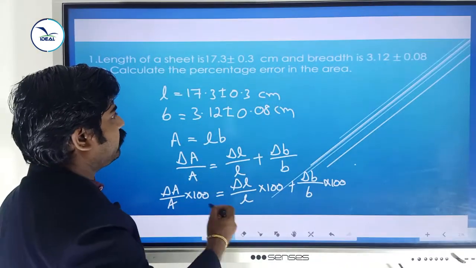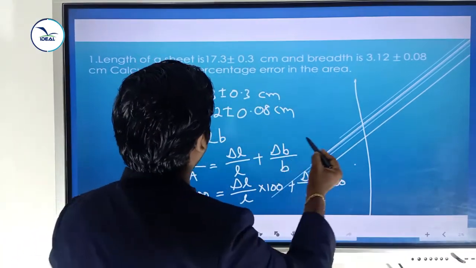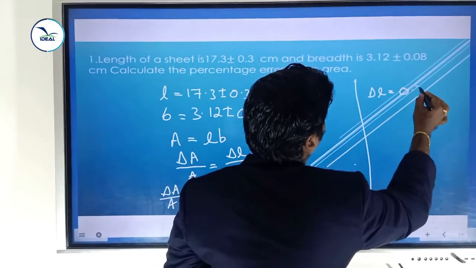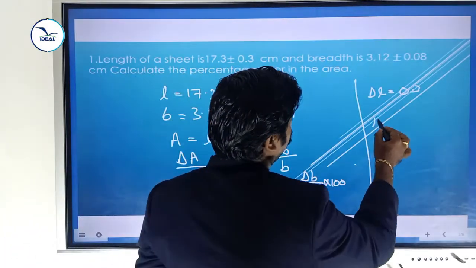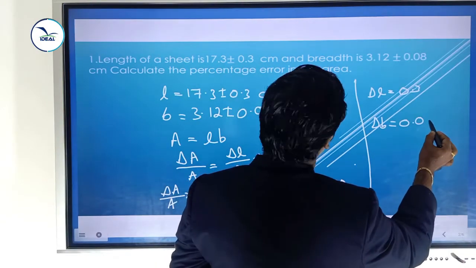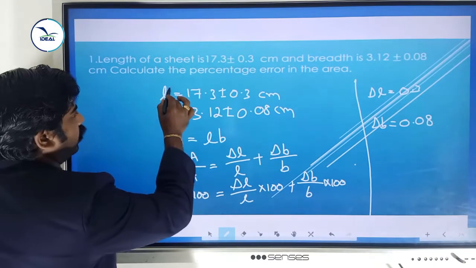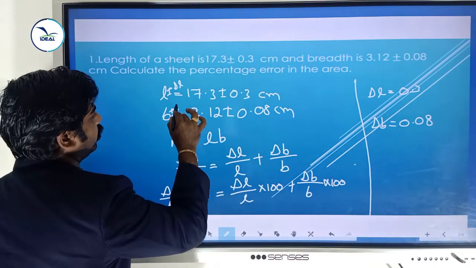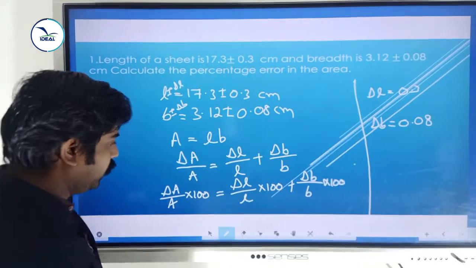What is delta L? Delta L equals 0.3, and delta B equals 0.08. This is actually L plus or minus delta L and B plus or minus delta B. That is the measurements.